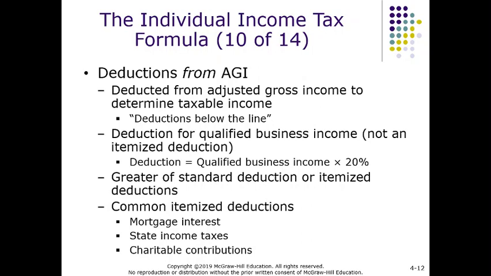Deductions from AGI are considered below the line, meaning they're after determining AGI. And so they're deducted from adjusted gross income to determine taxable income. And so again, it's the greater of the standard deduction or itemized deductions. What are these itemized deductions?